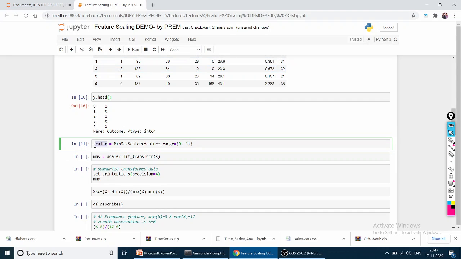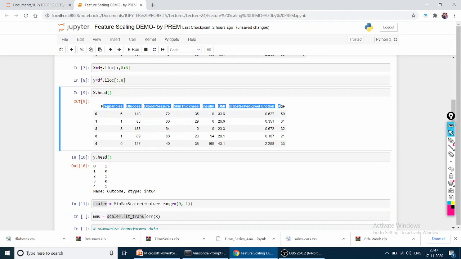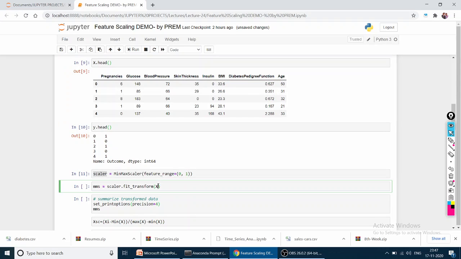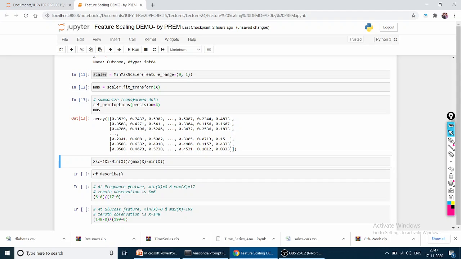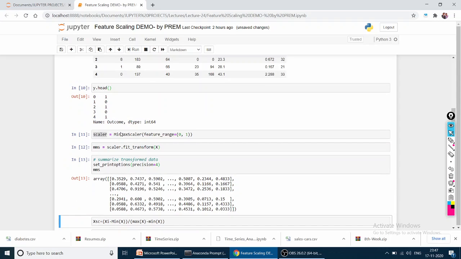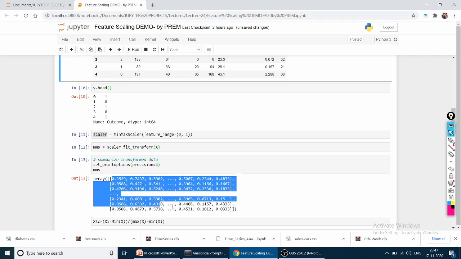We create one scaler object, and with scaler.fit_transform I pass the input values, that is X. Then I print the transformed data. This is the scaled data; the original data is converted into this.